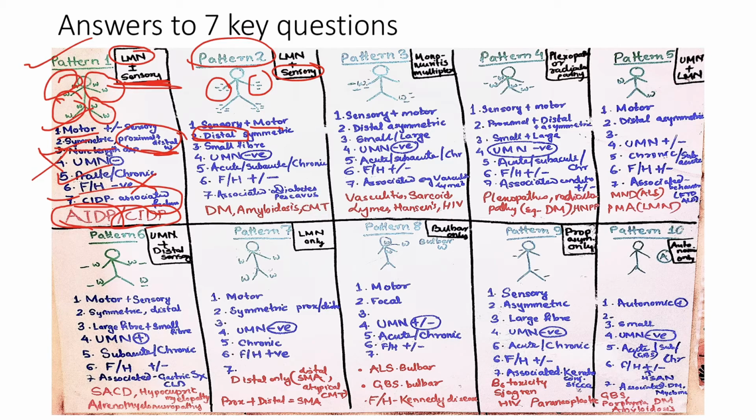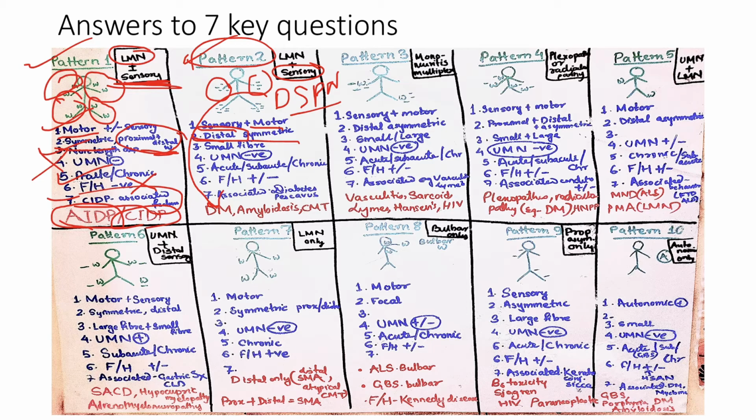But in pattern 2, what is actually happening is that it's a distal, symmetric weakness. So it is otherwise known as distal symmetric peripheral neuropathy, or DSPN. DSPN is the most common type of neuropathy which is associated with diabetes.